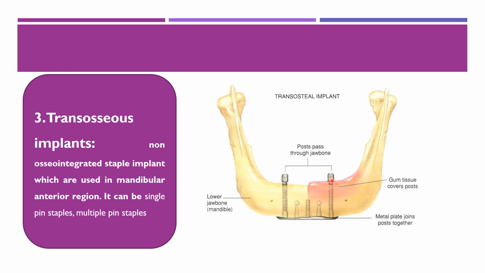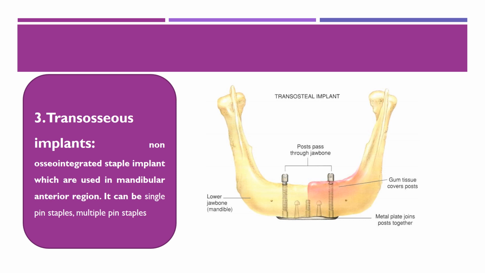You can see the gum covers the post, and on the under surface there is a plate that joins the posts together. So there is the lower jaw bone. So there is the stapler type, with metal plate that joins the posts together. So it can be single pin staples and multiple pin staples.